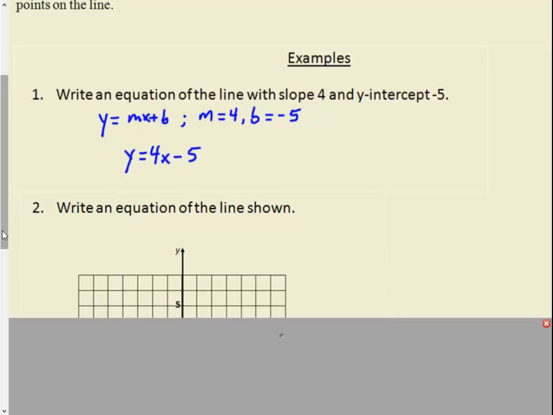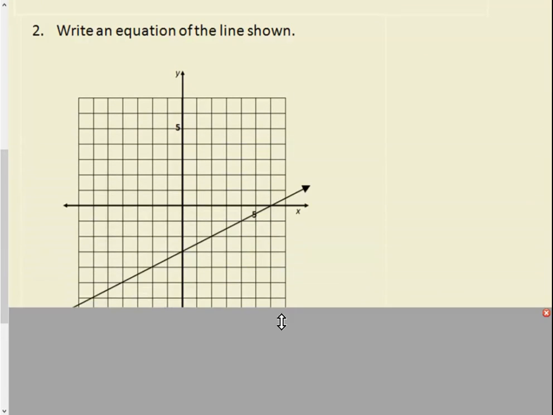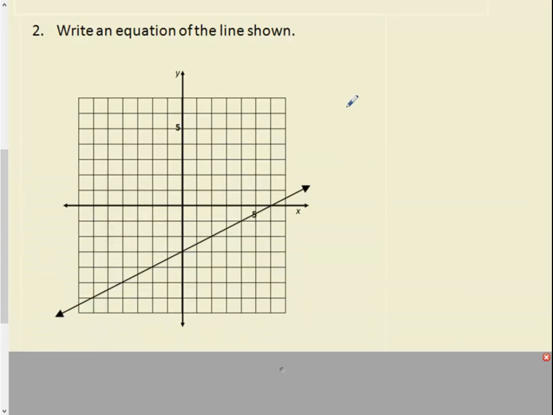Number 2, write an equation of the line shown. So here we want to determine the slope and the y-intercept. And I would suggest typically it's going to be easier to find the y-intercept first. So here we're at 0, -1, -2, -3 is the y-intercept.